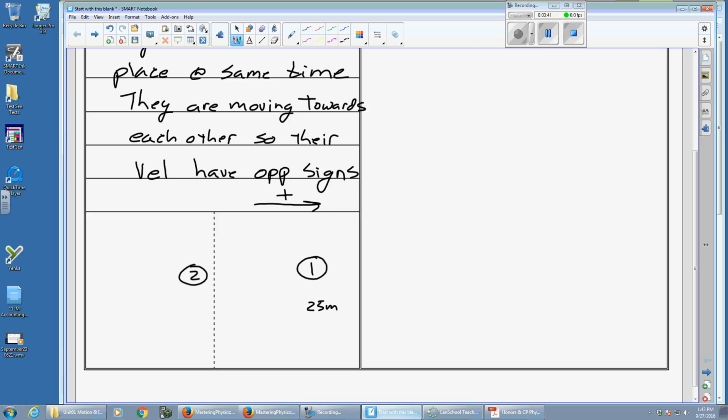My object 2 is here at 13 meters, which means over here someplace is 0 meters, right? And object 1 is moving that way with velocity 1. Object 2 is moving that way, velocity 2.